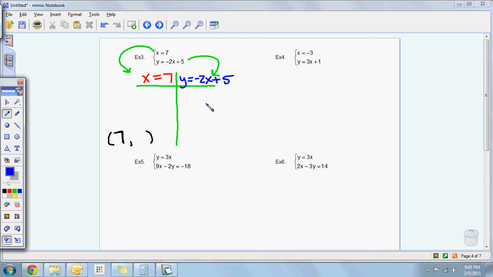I'm going to start by writing it over. So y equals negative 2, and instead of writing x, I'm going to substitute that 7 and then add 5. Okay, so we're going to do the math. Negative 2 times 7 gives us negative 14 plus 5, and that would give me a negative 9.